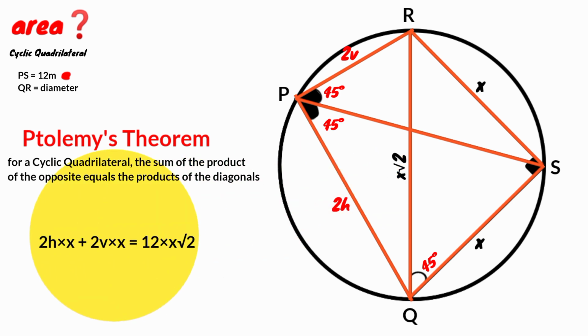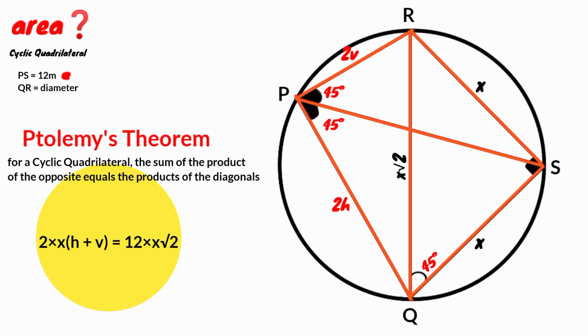So 2h times x plus 2v times x equals 12 x root 2. Here 2 and x are common. We factor them out. So 2 times x into bracket h plus v equals 12 times x root 2. X on the left eliminates x on the right. 12 divided by 2 is 6. And 6 times root 2 is 6 root 2. So h plus v equals 6 root 2.